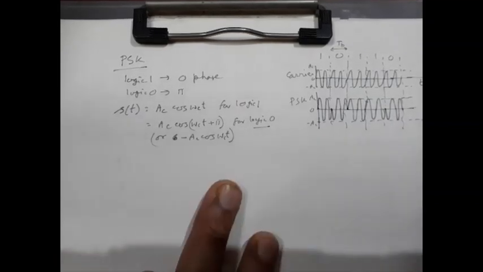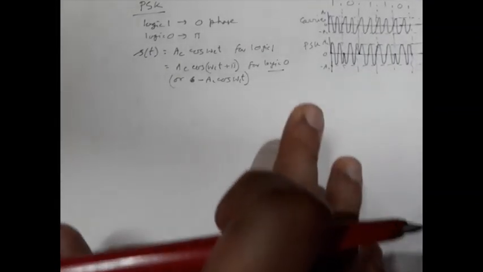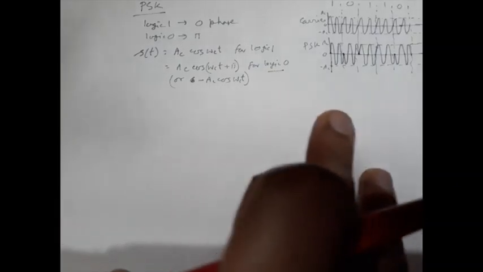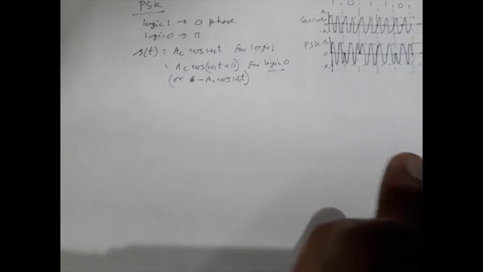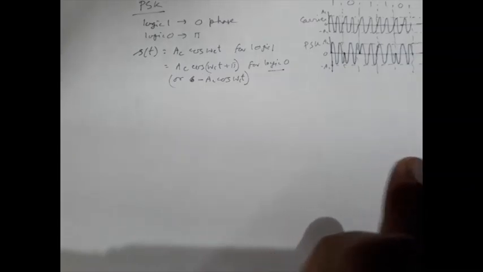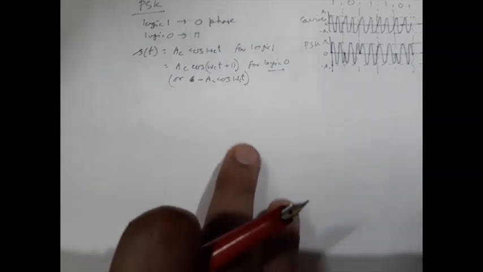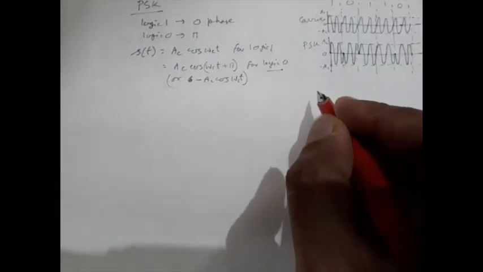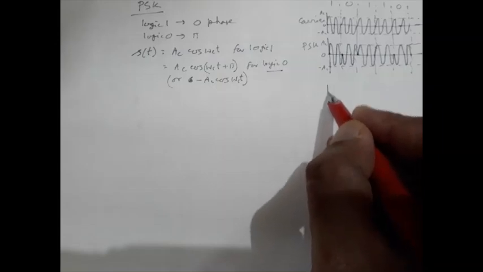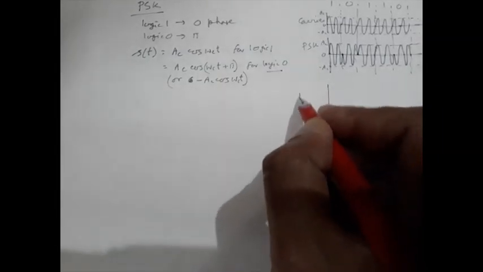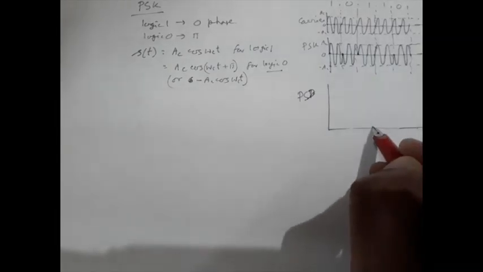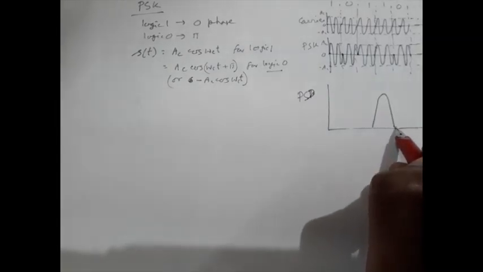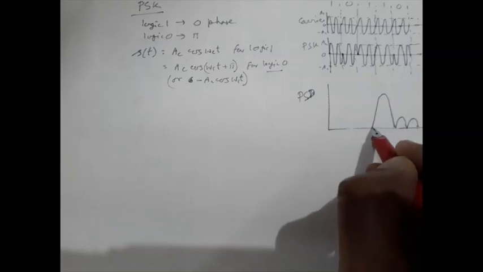Unlike ASK, PSK transmission is polar in nature, otherwise it is almost identical to that of ASK, particularly the spectrum. So the power spectral density of PSK is almost identical to that of ASK.